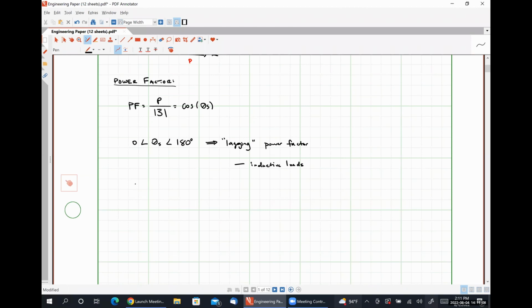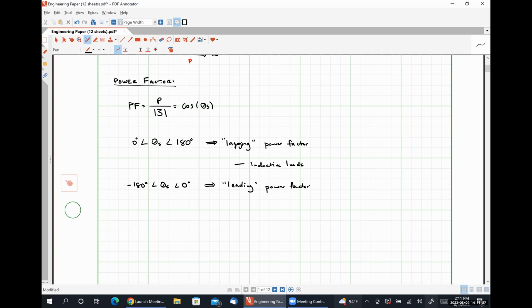When negative 180 degrees is less than theta s is less than 0, so effectively if our power factor angle theta s is negative, we have a leading power factor.